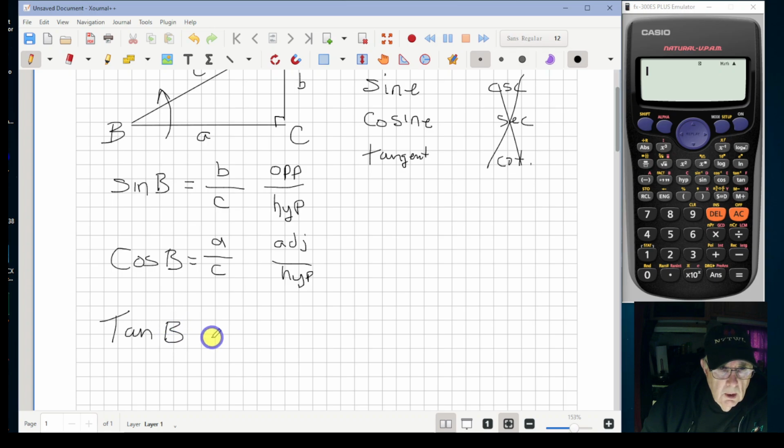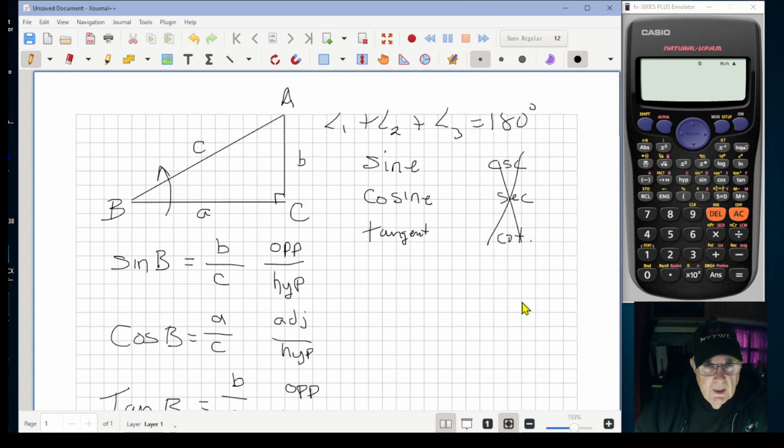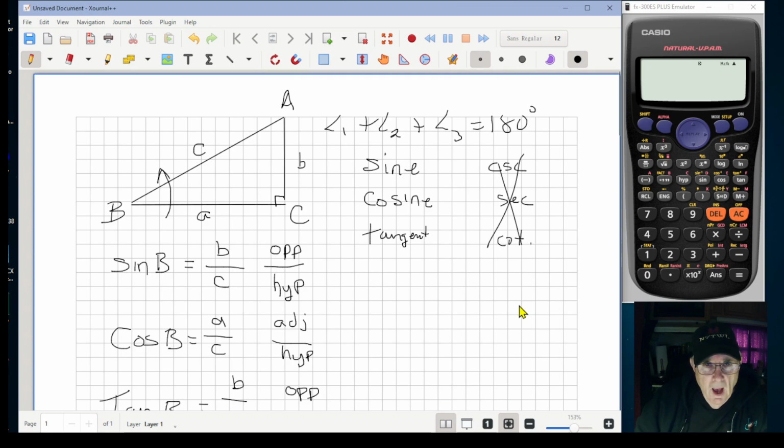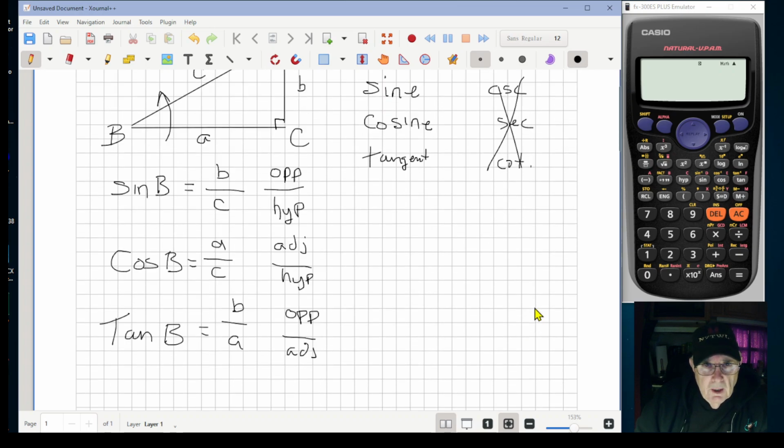The tangent of the angle is equal to the opposite over the adjacent. But the sine is the one that gets used an awful lot. Again, the ancient Greeks discovered this centuries ago, and it's still good to know today.